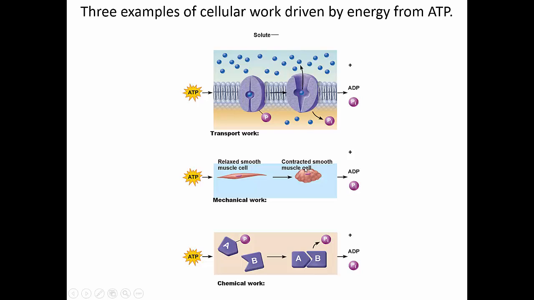The energy is used for physical processes like muscle contraction, and then also to promote chemical work. If you need to run chemical reactions that require energy, like building stuff up, it's ATP that gives that energy. That's it. That's video 3, and you're done with chapter 2.